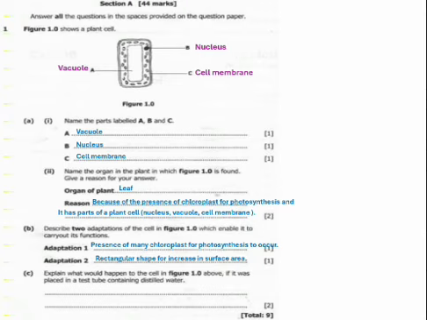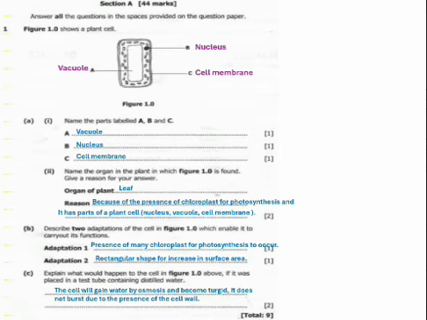When you place a cell in hypotonic solution, it starts gaining water by osmosis. So this cell will gain water by osmosis and become turgid. Since it is a plant cell, it will not burst due to the presence of the cell wall.